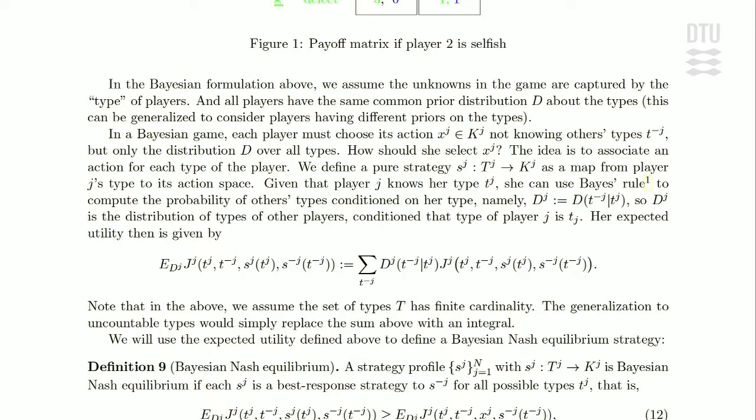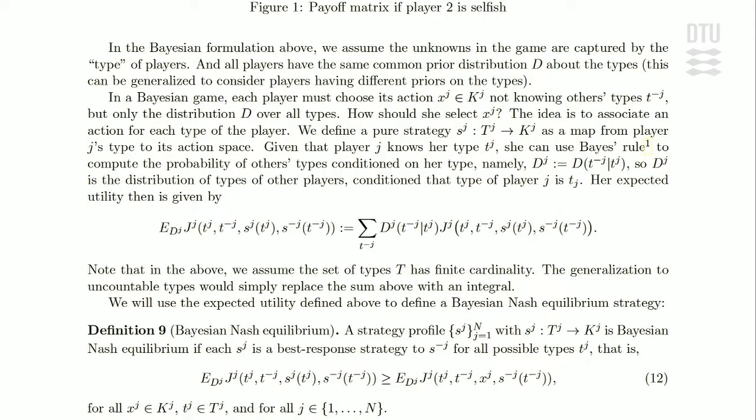So we can define a Bayesian equilibrium. Given that you have some prior on types, you can compute your expected cost function. Let me describe all of this.